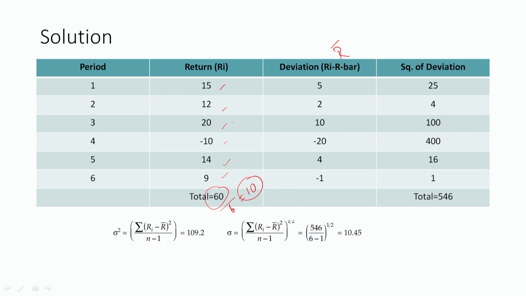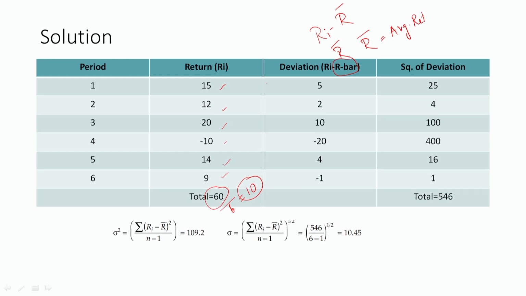So now deduct this particular return from the average return, that is Ri minus R bar. Here I have presented R bar with the help of this R dash bar; this is basically R bar, or we can say average return.